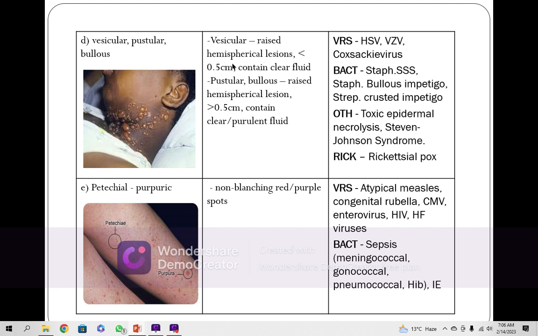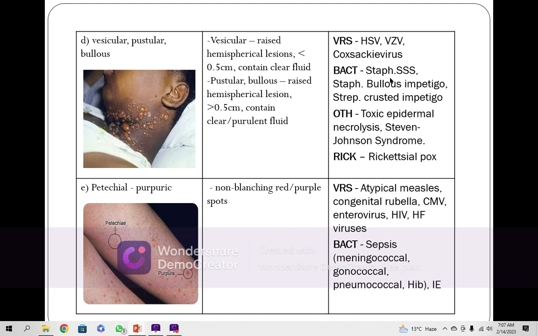Vesicular: raised hemispherical lesions less than 0.5 centimeter containing clear fluid. Pustular or bullous: raised hemispherical lesions more than 0.5 centimeter containing clear or purulent fluid. It may be clear in bullous, but it may be pustular in pustules. Viruses include herpes zoster virus, shingles, varicella zoster virus, herpes simplex virus, and Coxsackie viruses.